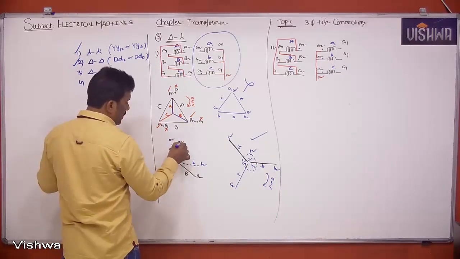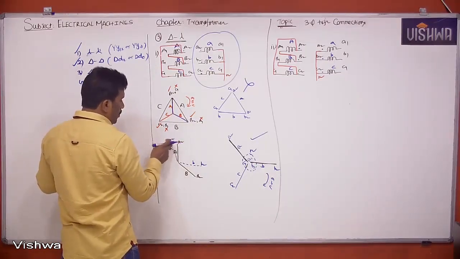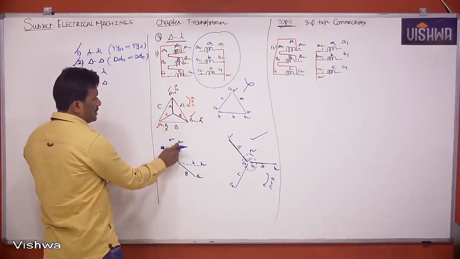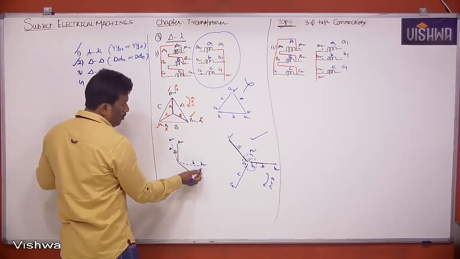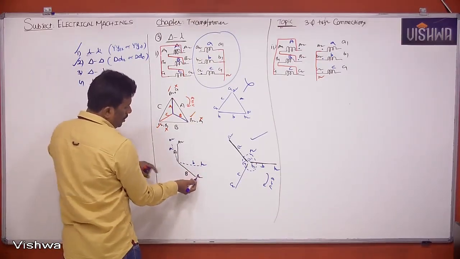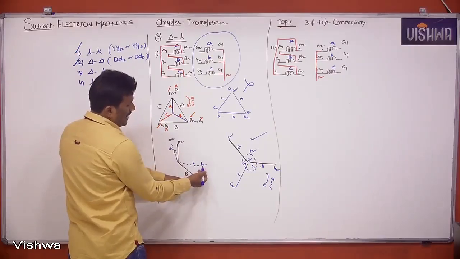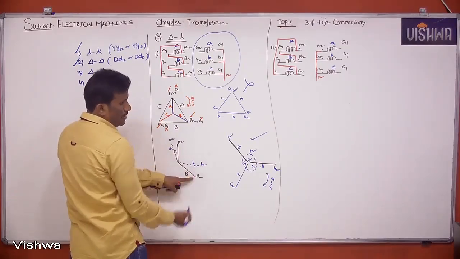If you take a2 as reference, with respect to a2 it is leading by an angle of 30 degrees. With respect to the primary side b2, the secondary side line voltage is leading by 30 degrees.